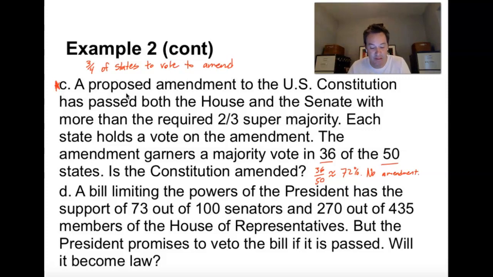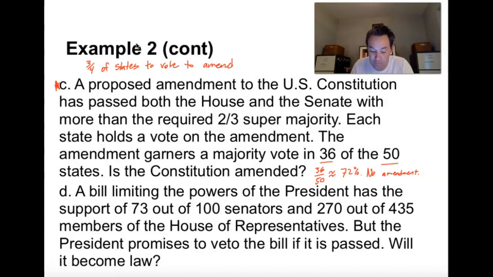All right, D, a bill limiting the powers of the president has the support of 73 out of 100 senators and 270 out of 435 members of the House of Representatives. But the president promises to veto the bill if it'll pass. Will it become law? So another little caveat that I need to tell you is that you need a supermajority in the Senate and the House to pass this bill.